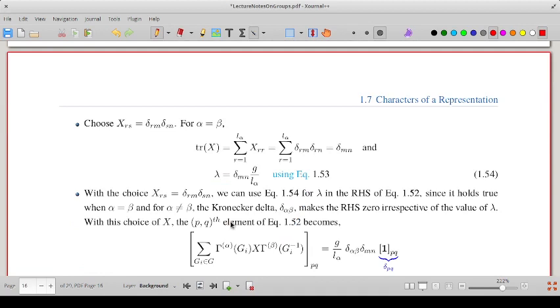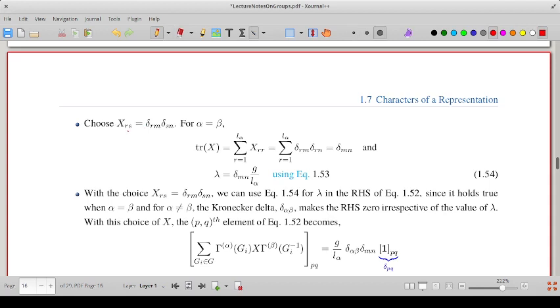So far we have taken X to be an arbitrary matrix of order L alpha by L beta. Now we consider a special case of X. So X is a matrix whose elements are all 0 except for say X, M, N. So except for the mnth element, all other elements of the matrix X are 0.